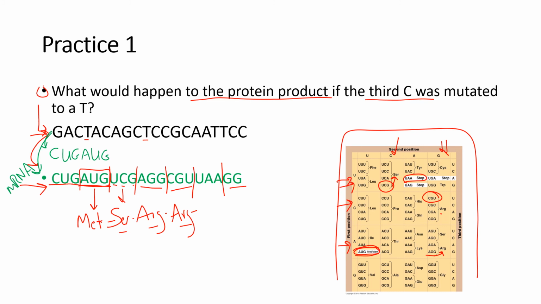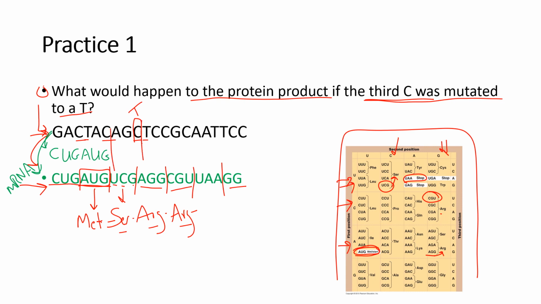So now you want to see what will happen if the third C was mutated to a T. So third C: 1, 2, 3. So this is now mutated to a T. So when doing that, the third C, let's see, this is AUG here.